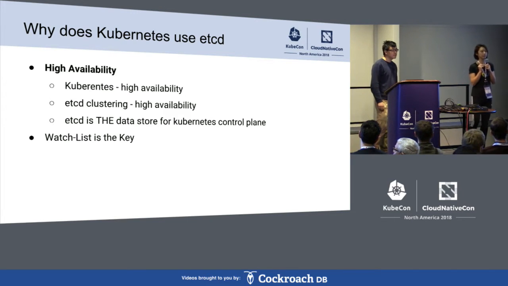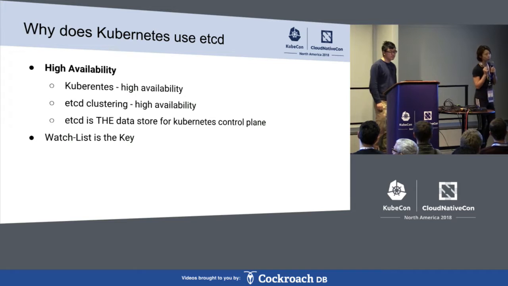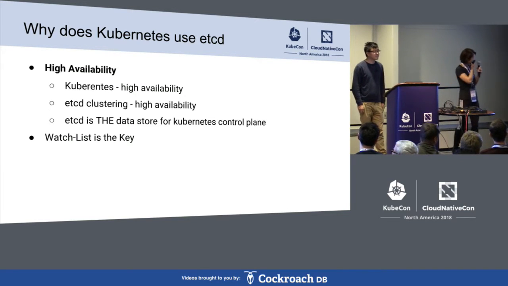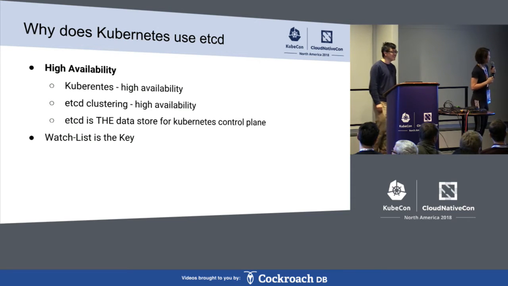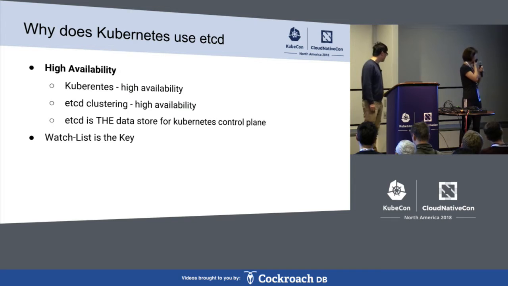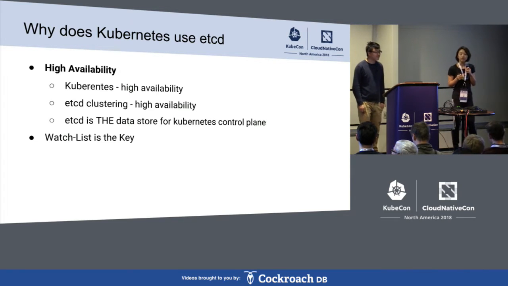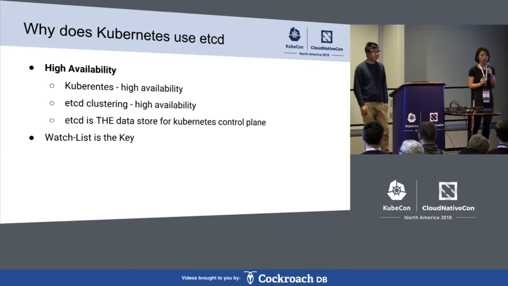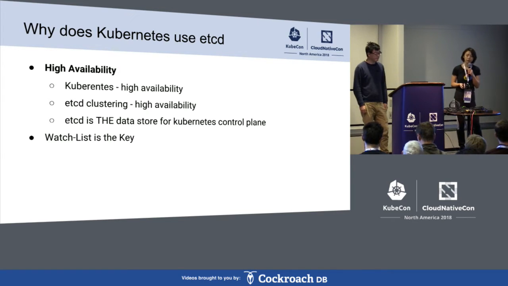One of the most important reasons that people use Kubernetes is to embrace high availability. And it only makes sense if the underlying data store is also highly available as well. And etcd clustering is intended for high availability. So that fits the needs of Kubernetes.